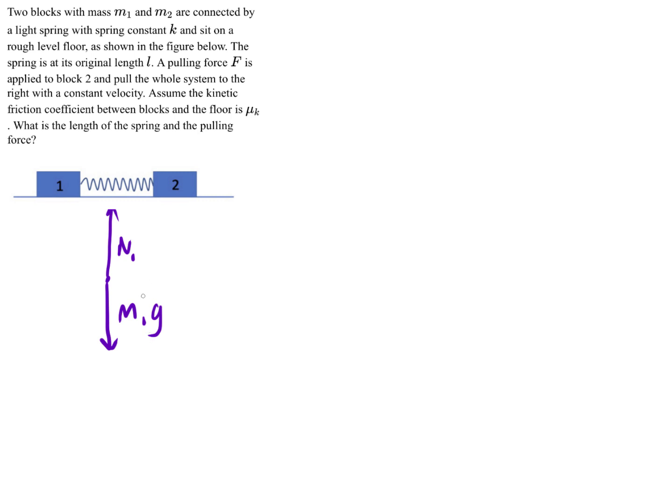You have the force of kinetic friction, dragging it back, and you have the spring force. They also have different kinetic frictions, since they have different masses, so I'm just going to leave this as Fk. So this is for block 1.